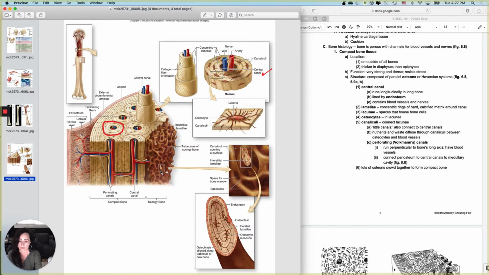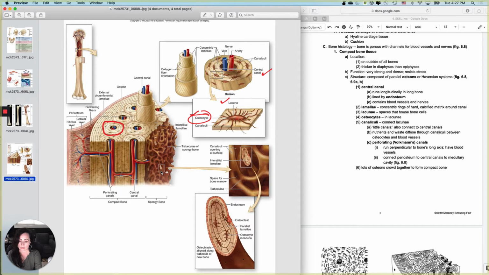And then the lacuna. The lacuna is the space right here that houses the mature osteocyte. So here's an osteocyte in a lacuna right there. Okay. You've already learned all of this. And of course, a mature bone cell that's primarily responsible for maintaining the bone matrix is called an osteocyte. It was derived from an osteoblast, and before that it was an osteoprogenitor cell.